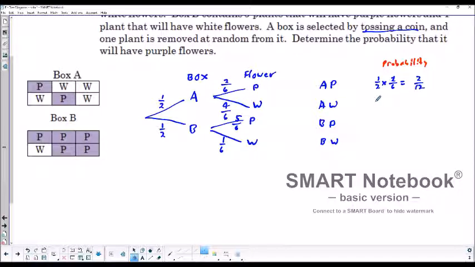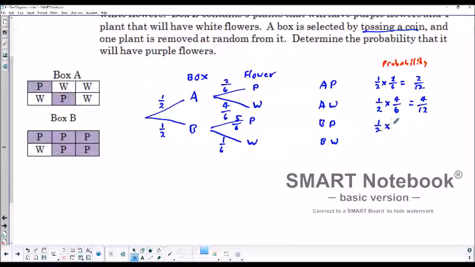Box A and a white flower will be 1 over 2 multiplied by 4 over 6. And that gives us 4 over 12. Box B again is 1/2.